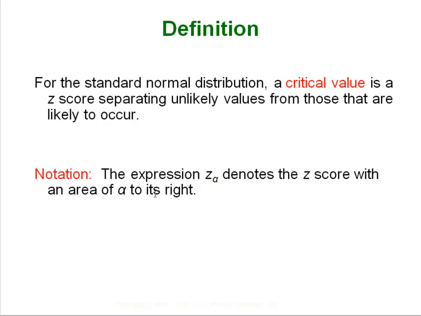A critical value are these z-scores that we've been finding. A critical value is the name that we give to the z-score that cuts off a certain amount of area. So when you see z sub alpha written somewhere, that's denoting this z-score that has alpha area to the right.